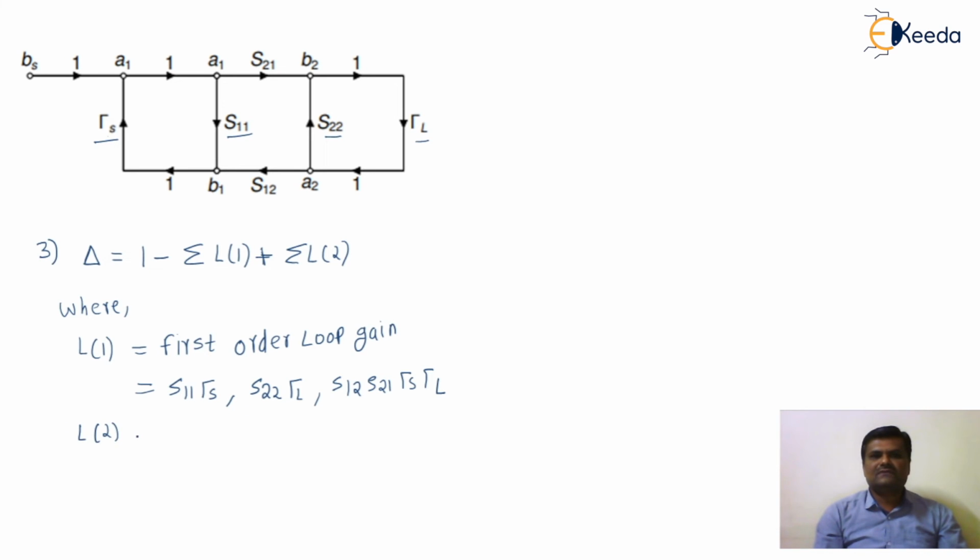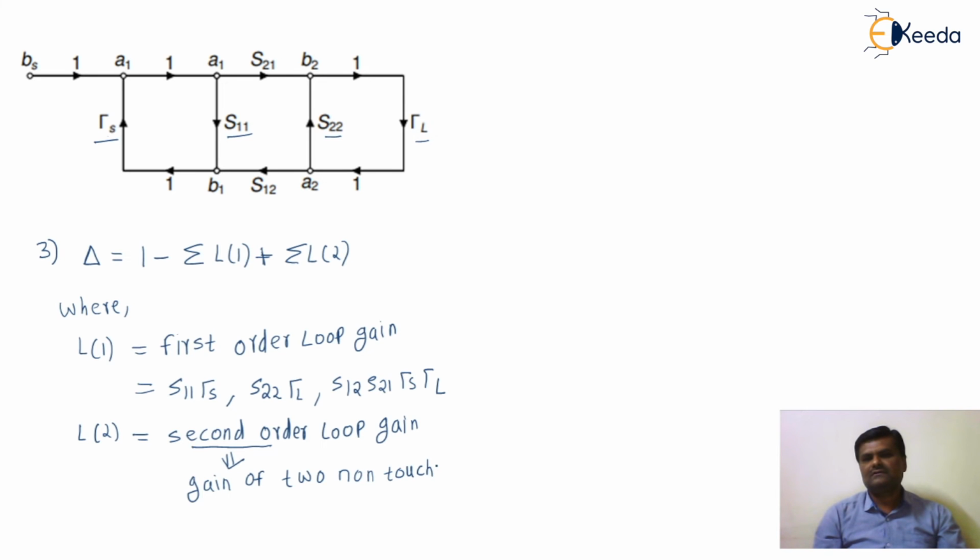L2 is the second order loop gain. Second order means the gain of two non-touching loops.